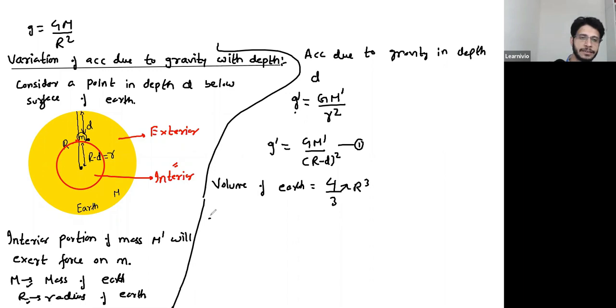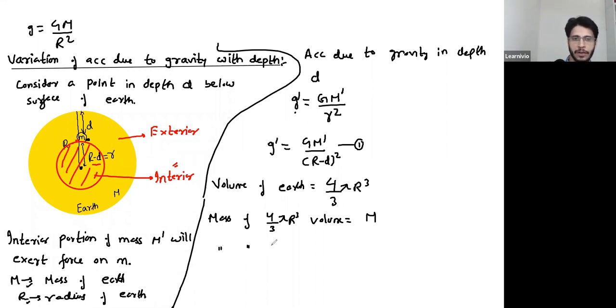So I can write this as: the mass of 4 by 3 pi R cube volume is M. You have to calculate the mass of this volume. The radius of this portion is R minus d now.